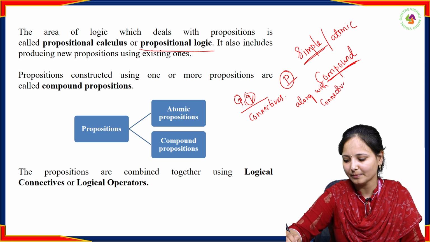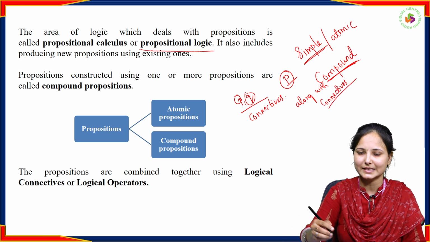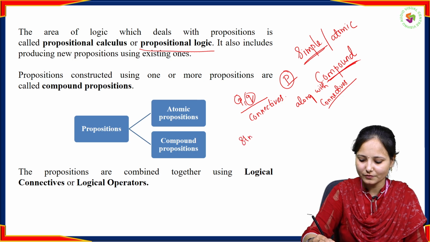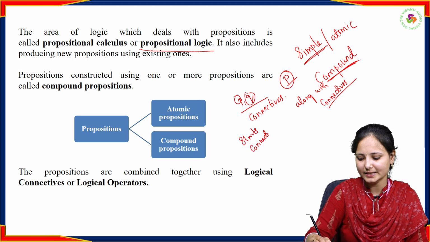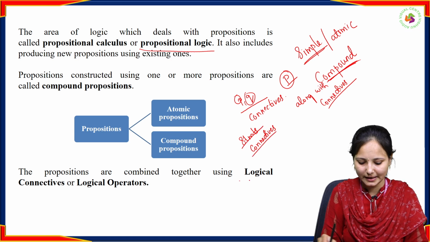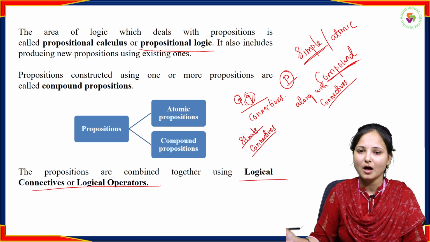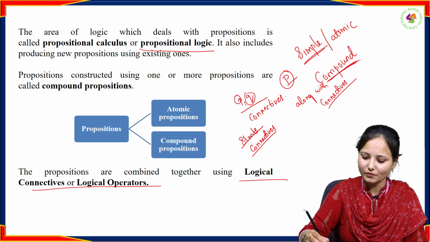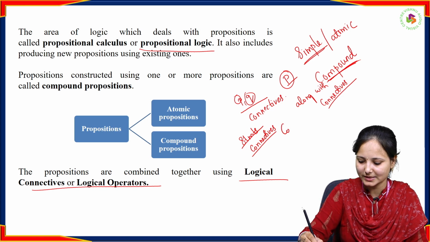So compound statements are a combination of statements along with connectives. These connectives we call logical connectives or logical operators. We'll see what a compound statement means.